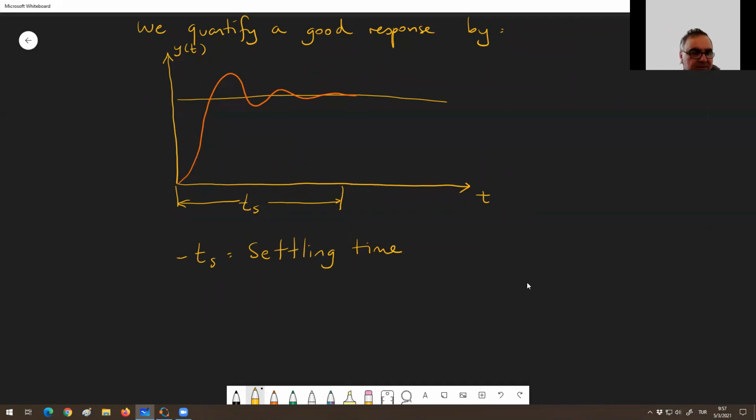Another time that is important is the time it reaches the peak. This distance is called TP, peak time.